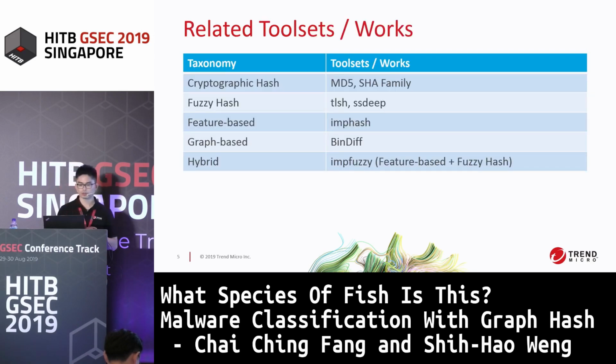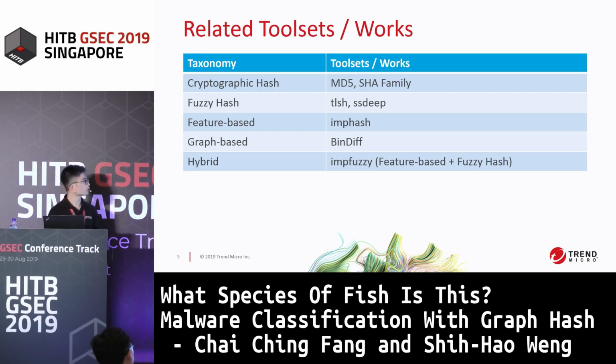Okay. So there are a lot of tools and works related to the malware classification field. They are like weapons that a malware analyst has. I just list a few, but they are very practical and widely used. We will check each taxonomy very quickly.